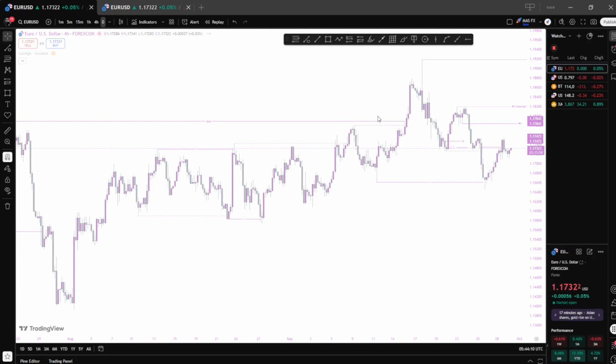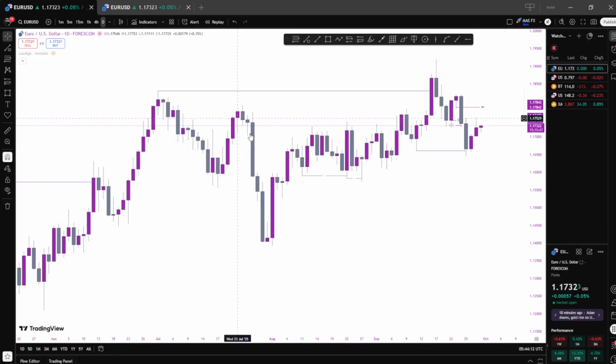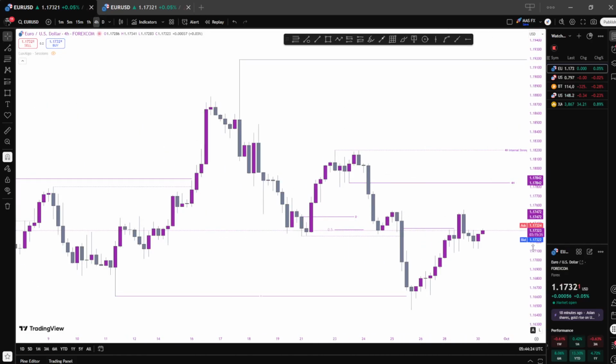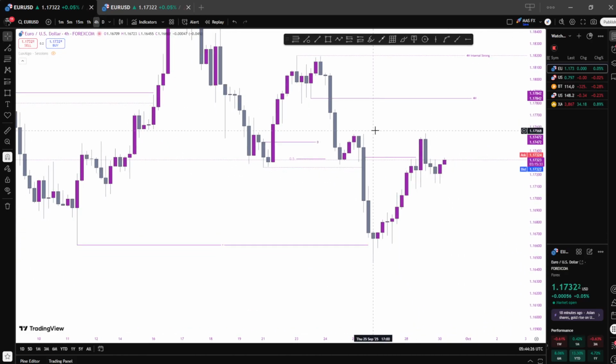So EUR/USD on the daily chart, we are bullish. We have swept the low here. I'm looking for a reaction to 4-hour supply before we continue lower. On the 4-hour, we came yesterday, we swept this high over here.